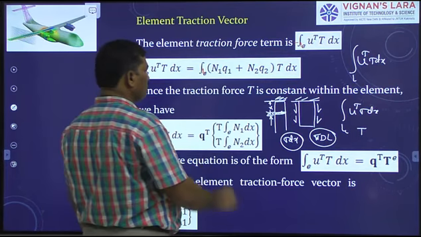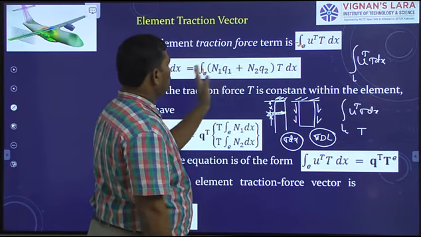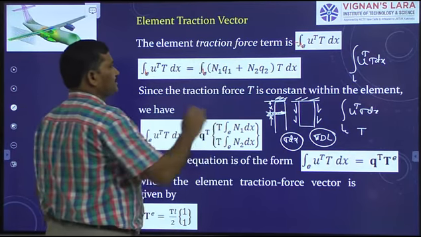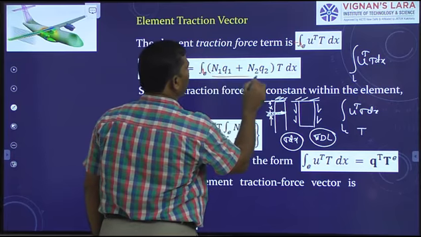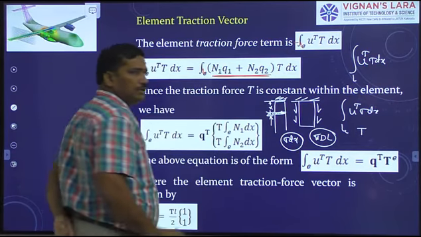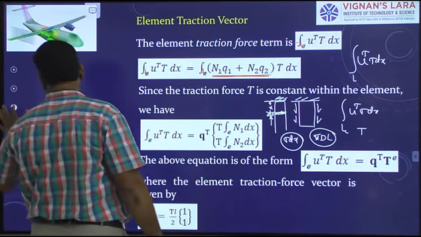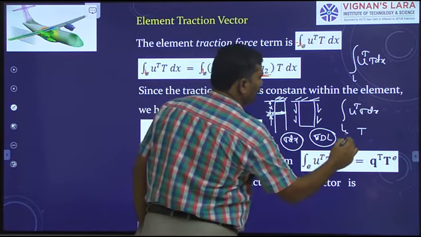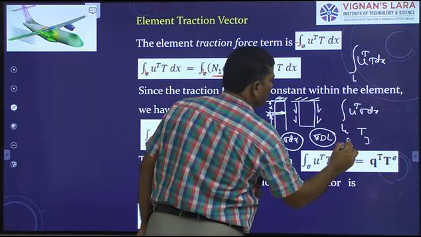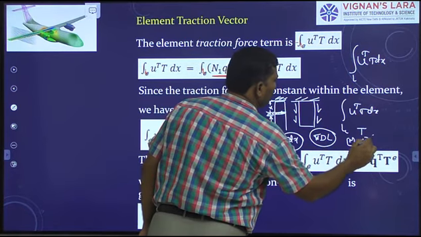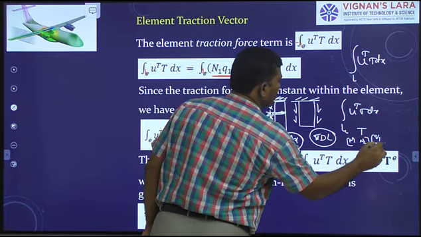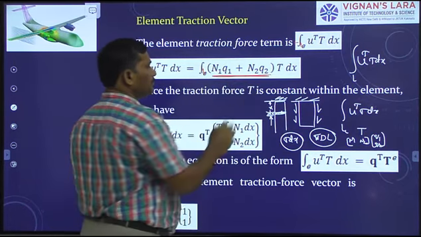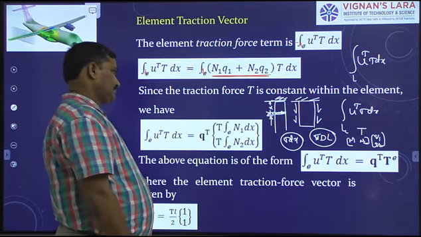Now, this we can split into the product of two matrices. How do you split N1 Q1 plus N2 Q2? It is written as a row matrix having the elements N1, N2 into a column matrix having the elements Q1, Q2. This is split into the product of two matrices.